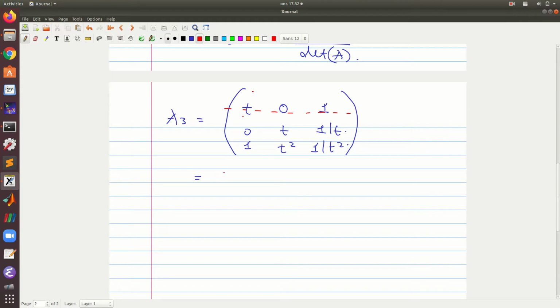So we have the entry, the first entry here is t, okay, and then we multiply it with -1 to the power 1 plus 1, because this is 1 1, this is 1 2, and this is in position 1 3.